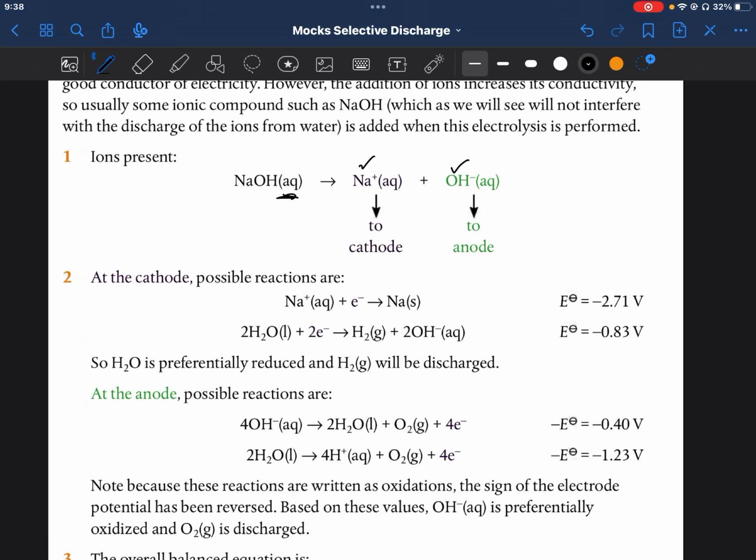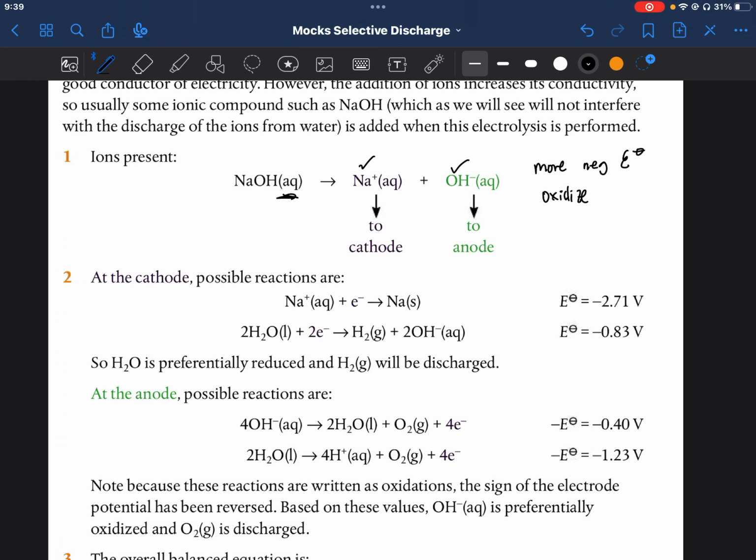The rule that I'm looking for is the more negative my E naught value, or my cell voltage value, the more likely to oxidize. A standard electrode potential, sorry, was the word I was looking for there.